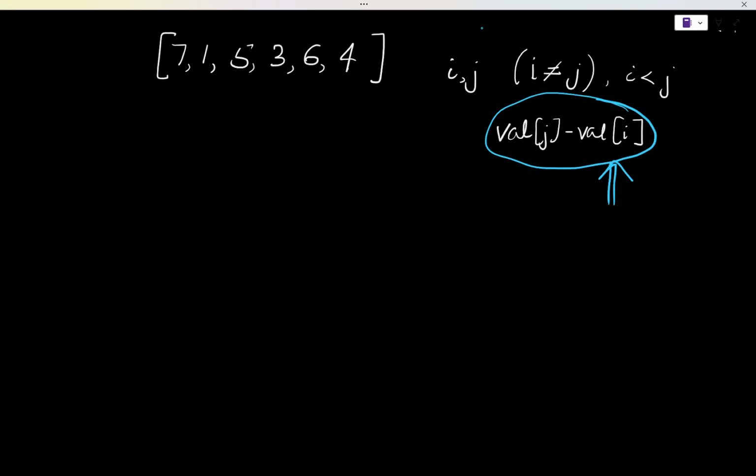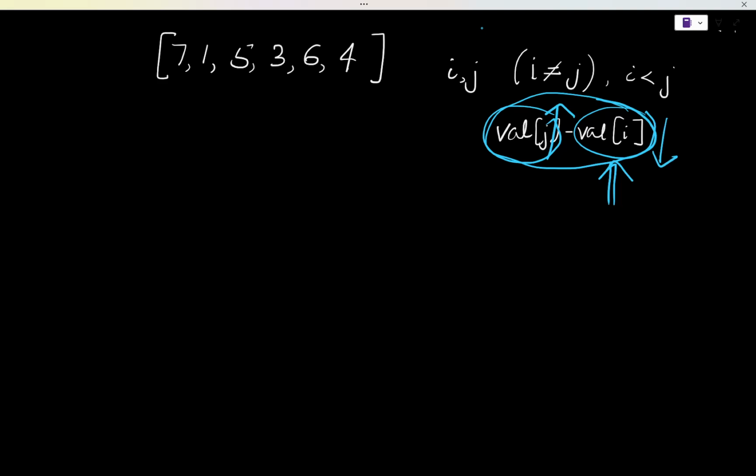If you want to make profit in any transaction, you will want to make your buy price as less as possible, right? You wouldn't want to spend a lot of money in the buying price, right? You want to get more out of it. The selling price, this quantity has to be high. This has to be as high as possible. And this has to be as low as possible.